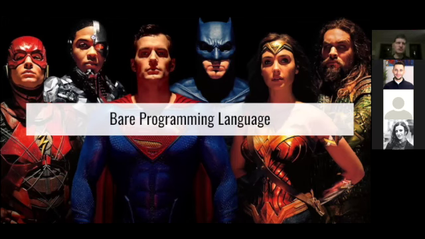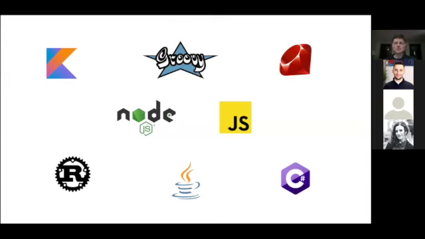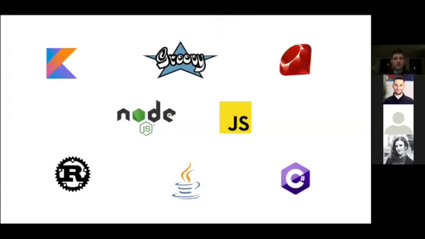Because an operator is just an application, if your language, especially if it has some good Kubernetes client, you can write it from scratch, and people do it. People write operators in Kotlin, Rust, Node.js, and some in Ruby and all these other languages.